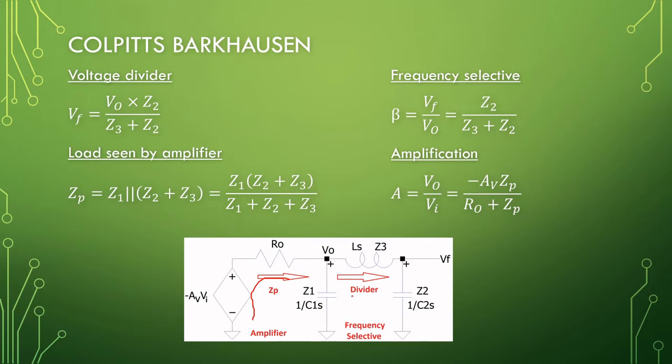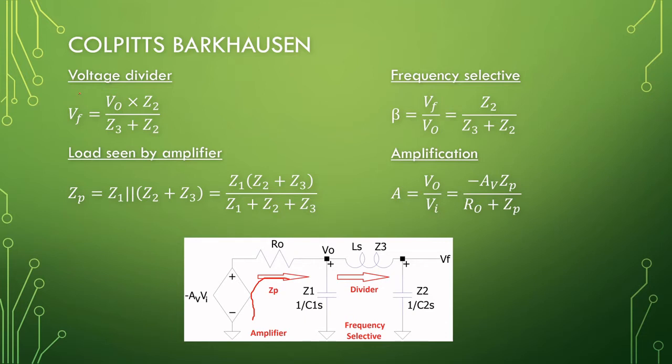And for the feedback network, we also see a voltage divider between Z3 and Z2. This is if we neglect this impedance sitting right here.